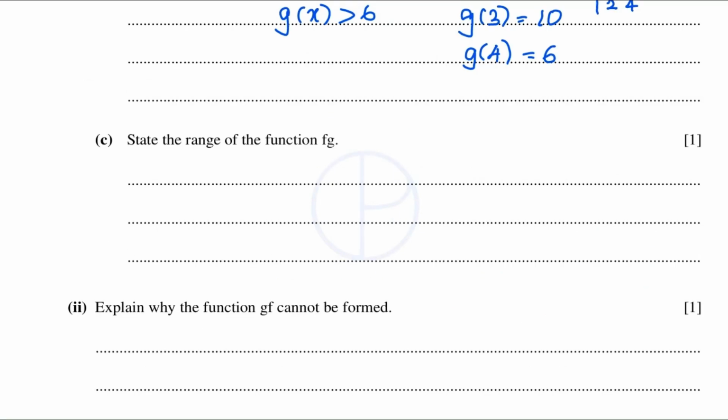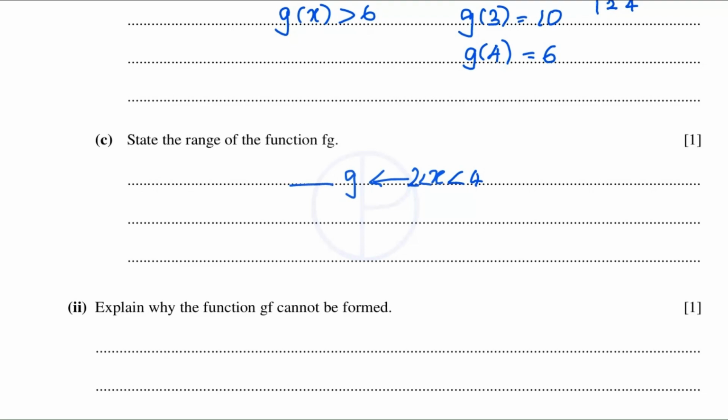Next, find the range of the function fg. The composite function fg exists only when the range of g lies within the domain of f. Here it satisfies the condition. So let's find out what is the range of the function fg. The function g takes the input x, 2 less than x less than 4.